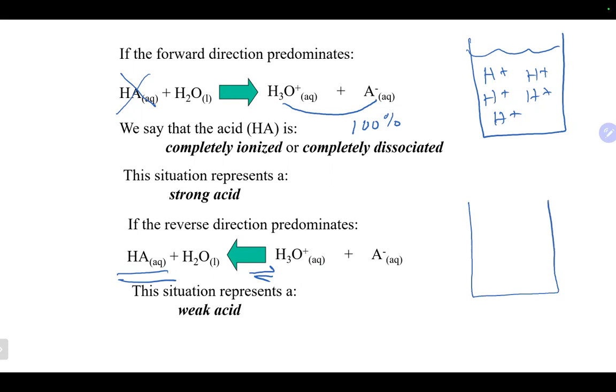For comparison, in a weak acid you will have pretty much the acid still together, but it will be able to produce a little bit of ions as well, a little bit of H plus. In comparison, a strong acid pretty much just needs to go for a swim. It will produce a lot of H plus really quickly, and that is why it is a strong acid. The weak acid has to work for it a little bit to produce the H plus, and you're not going to get anywhere near the volume of free H plus floating around that solution. Any questions on that?